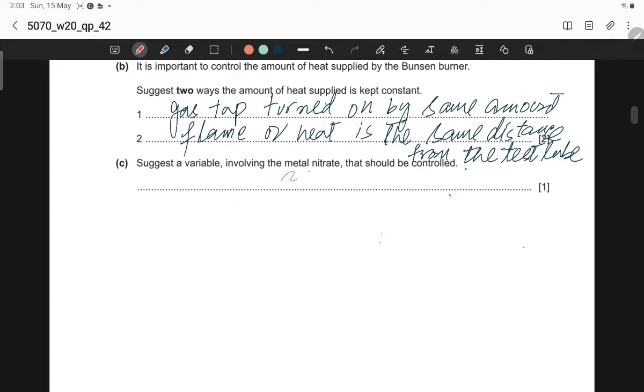Suggest a variable involving the metal nitrates that should be controlled.